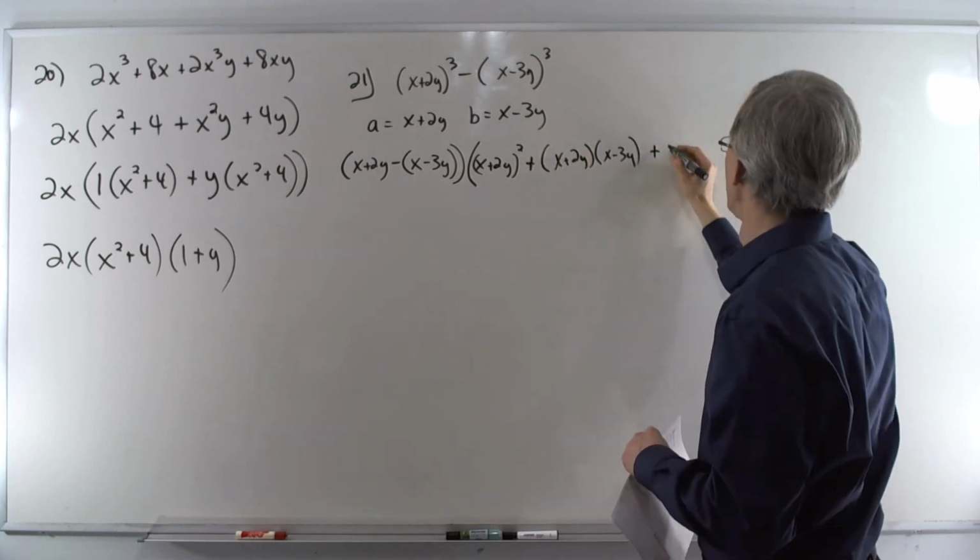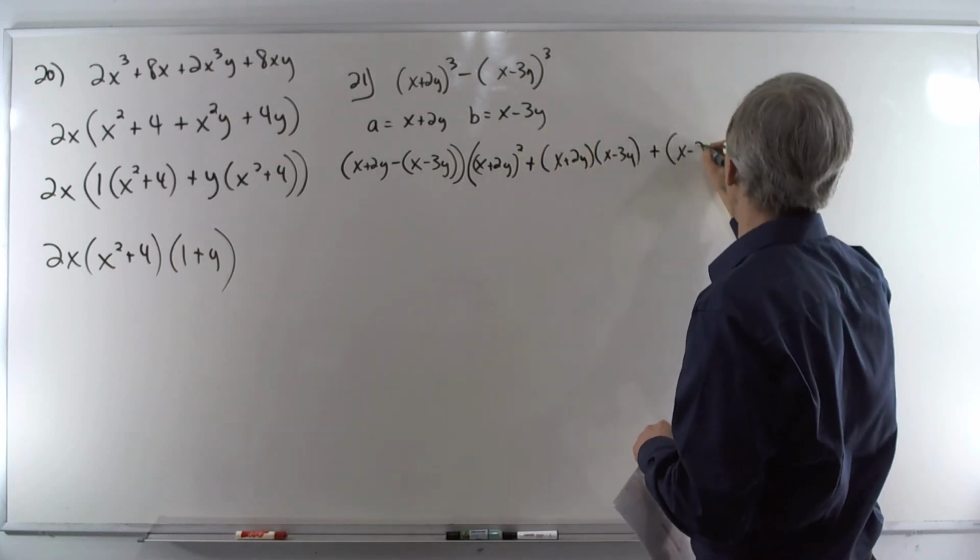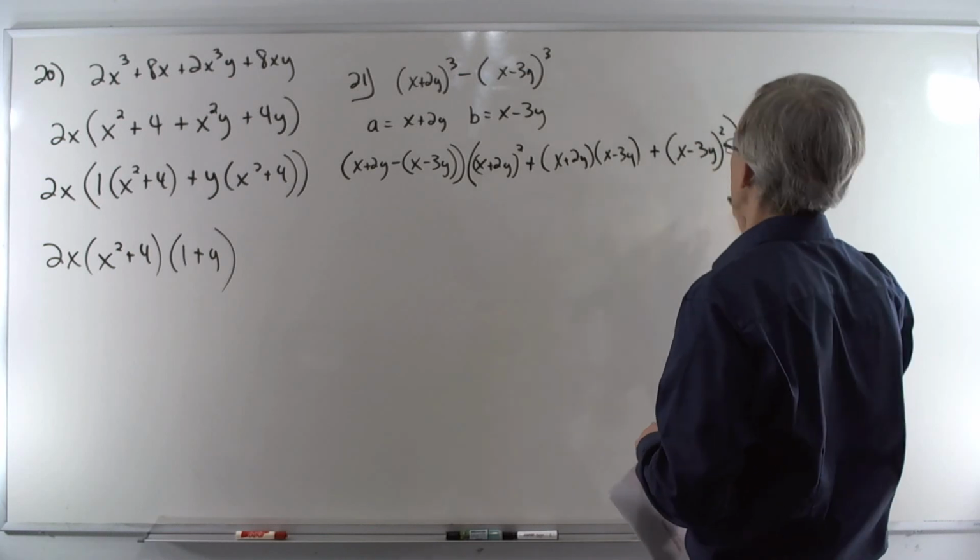Plus B squared on the end. So that is x minus 3y squared.